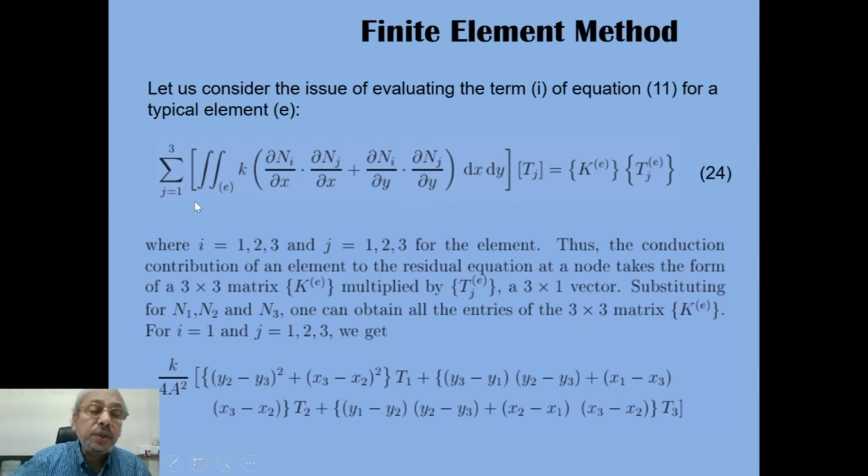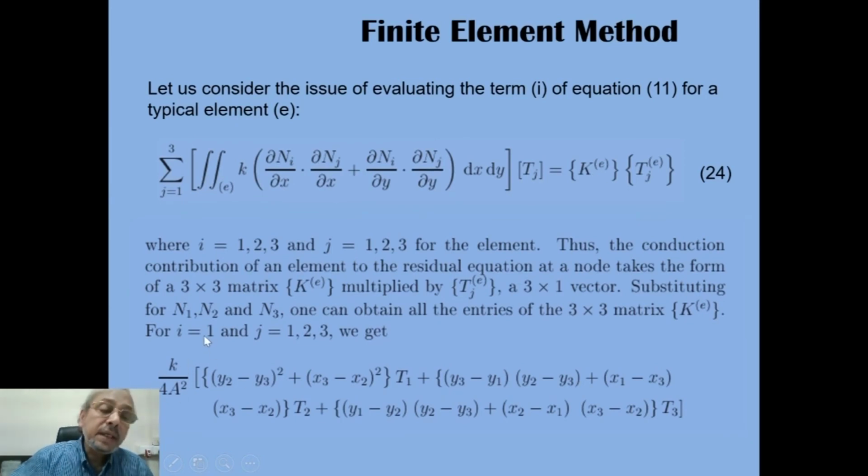Now substituting N1, N2, N3, one can obtain all the entries of this 3 by 3 matrix. First we take i equal to 1, vary j equal to 1, 2, 3. Then i equal to 2, j equal to 1, 2, 3. Then i equal to 3, j equal to 1, 2, 3. And we'll be able to get all the elements of this matrix.